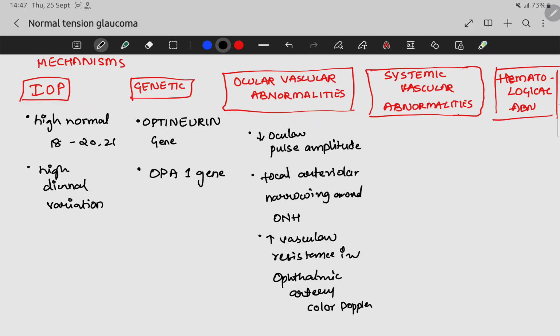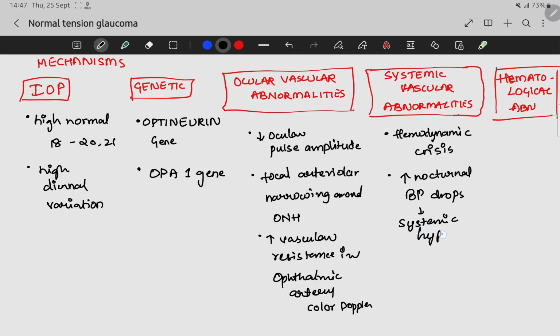Then we have systemic vascular abnormalities that include hemodynamic crisis and increased nocturnal BP drops, so systemic hypotension can also contribute to it.